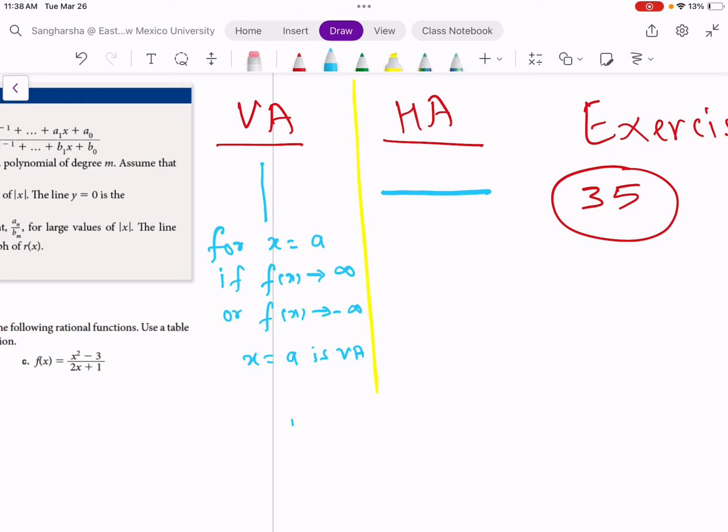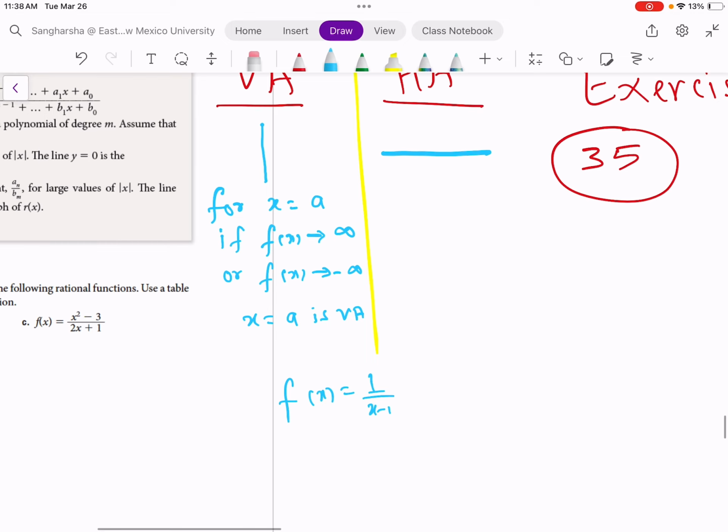Let me just rewrite. f of x equals 1 over x minus 1. When we choose x equals 1, what happens? We have 1 divided by 0, and that is infinity, right? So our output is infinity. That's undefined. And if that is the case, x equals 1 is the vertical asymptote.